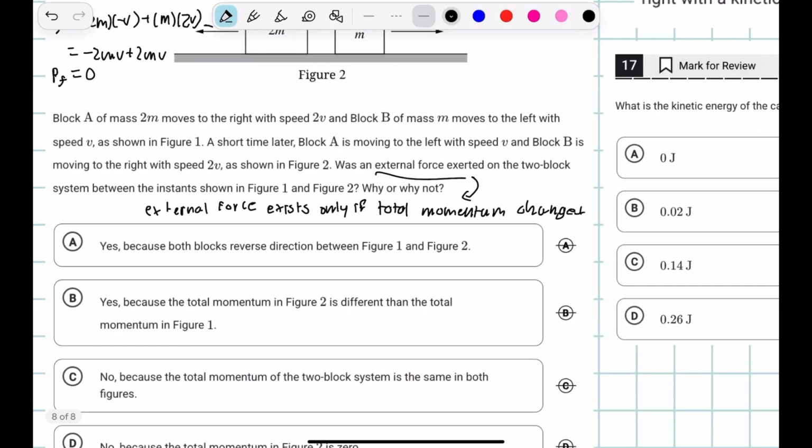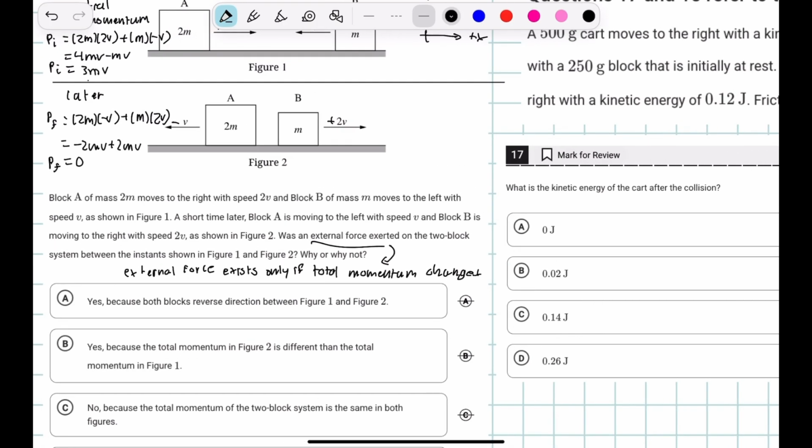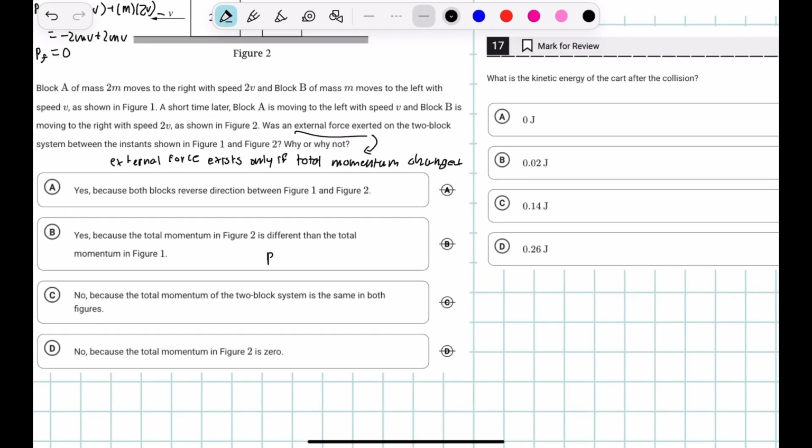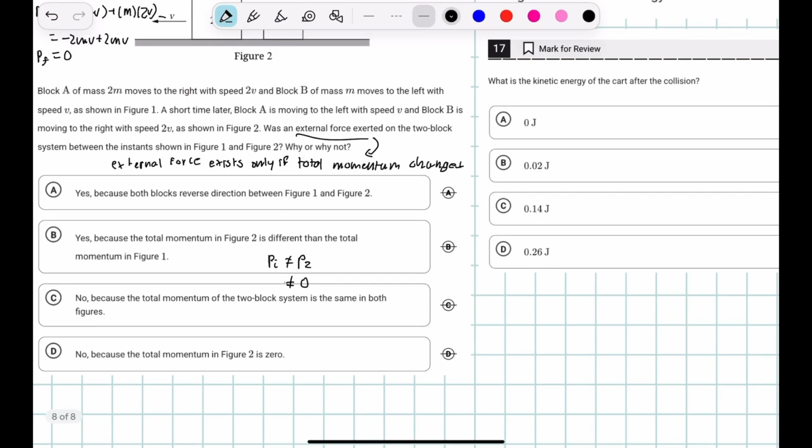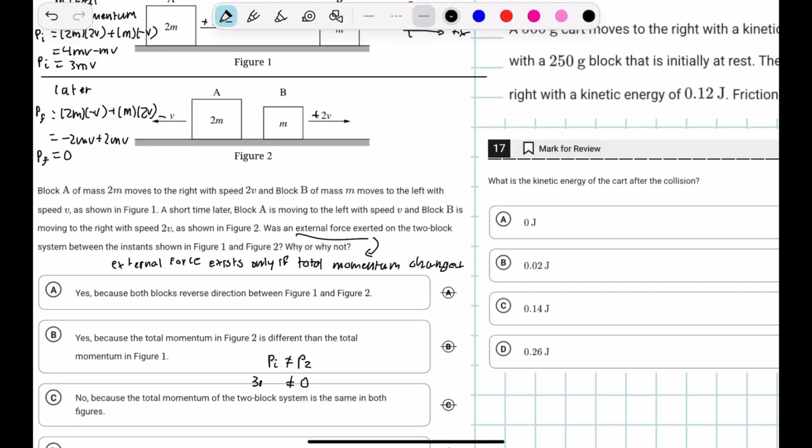Because we see these two are not the same, P initial does not equal PF, because 0 does not equal 3mv.